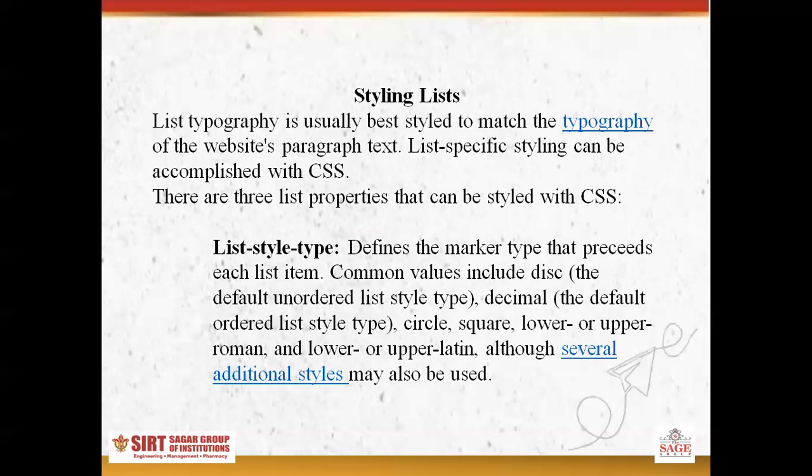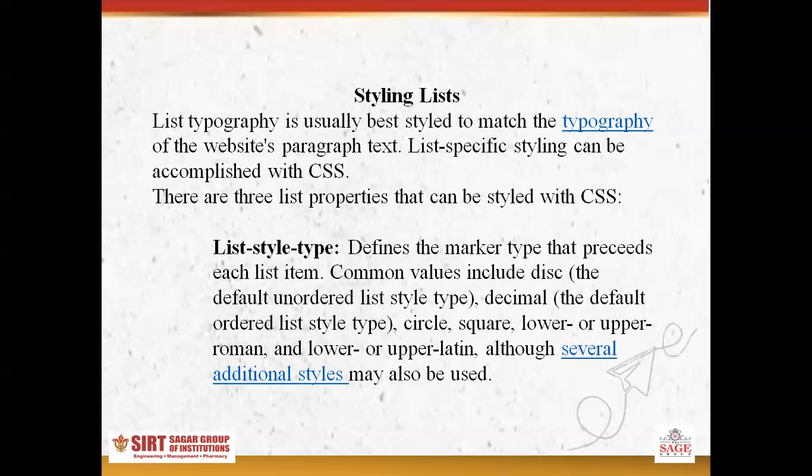So in a styling list, you are going to use typography, the best style matched to the website content, for list-specific elements. By using the styling list, you can provide a very beautiful, comfortable, effective, and appealing list.